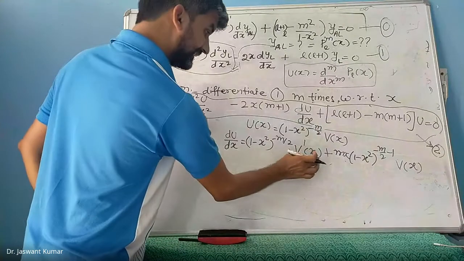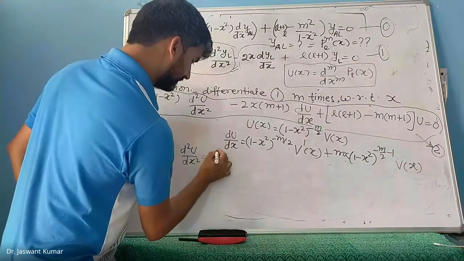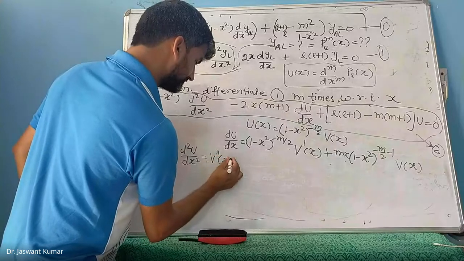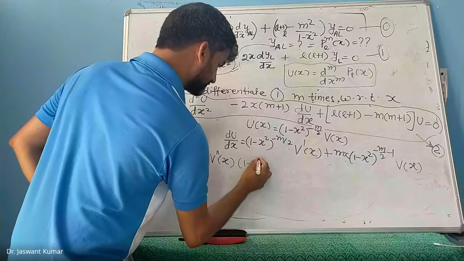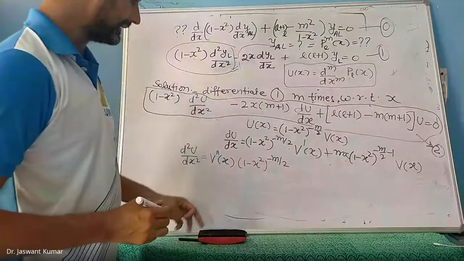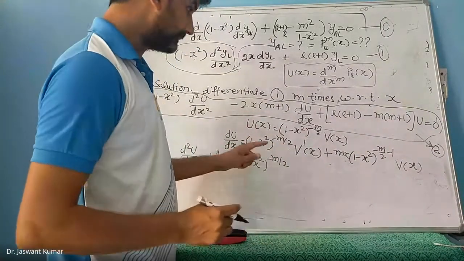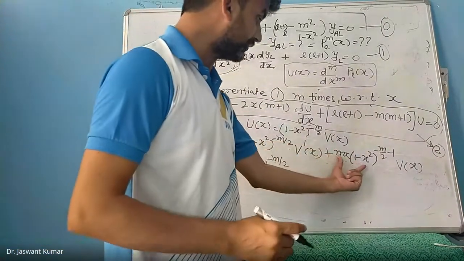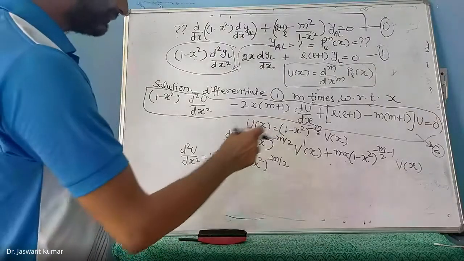Okay. So please tell me what is d2u by dx square. Let us take this once again to be the first function. So this is v double dash x times (1 minus x square) to the power minus m by 2. And then we take v dash x into d by dx of this. But d by dx of this we had calculated over here. Do you know? Yes, sir. So tell me what will be the answer?